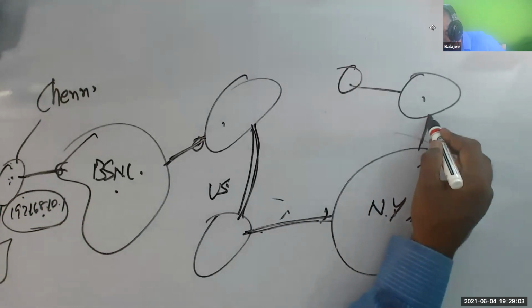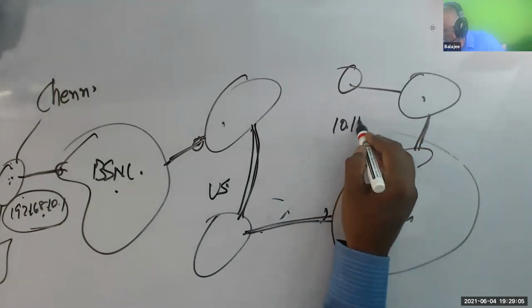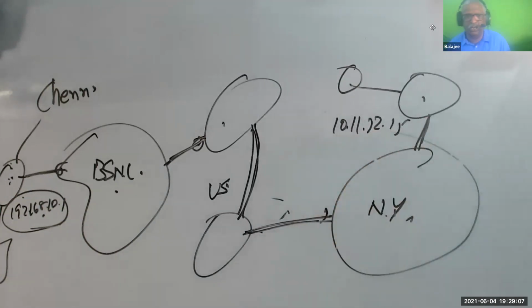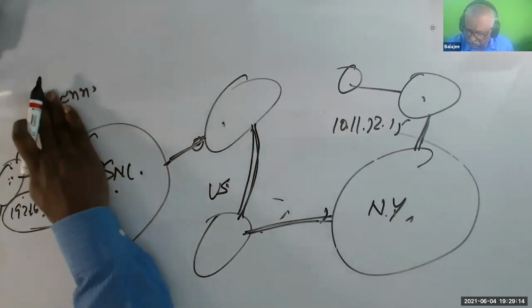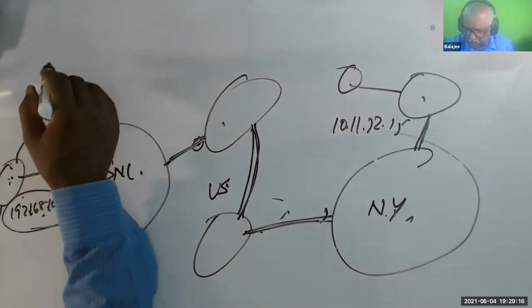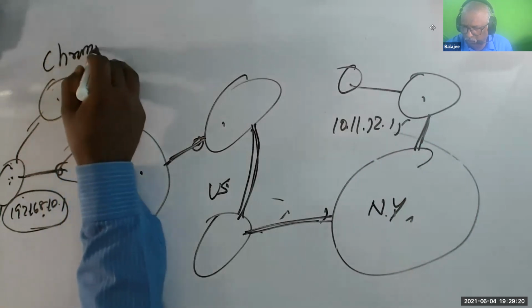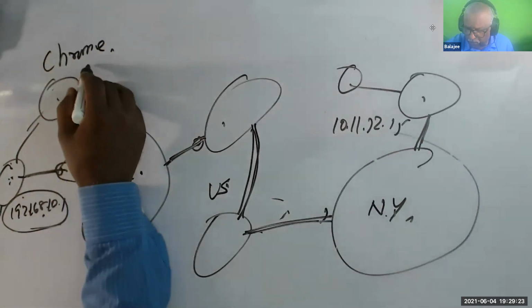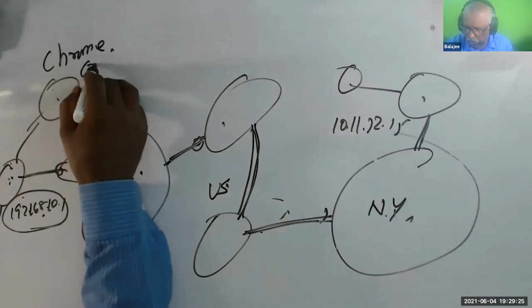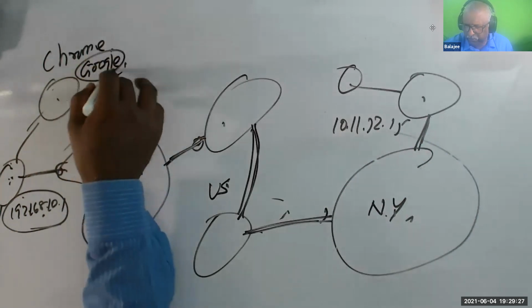And this guy has the IP 10.11.12.15. Done, now two IPs are done. Now what is happening is, I have connected from the Chennai office. I connected my process, my browser window. I have Chrome. In Chrome, I opened a site called Google. Am I right?